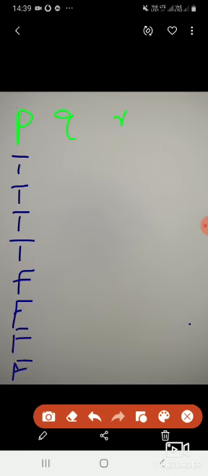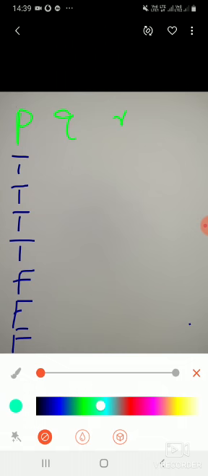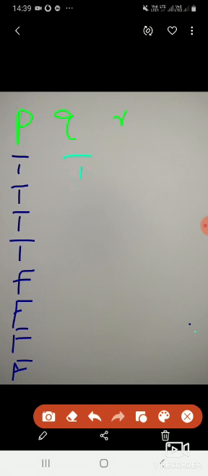Listen, P is true, true, true, true, four true, four false, to get all the possibilities. P is taken in this way, and we can take Q: true, true, false, false, true, true, false, false.